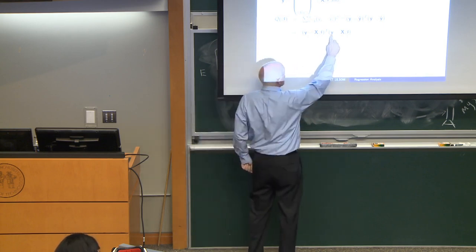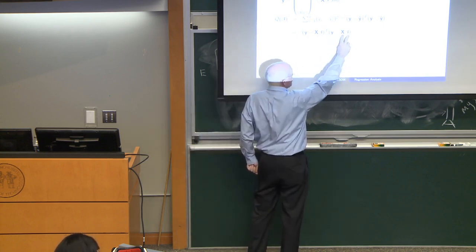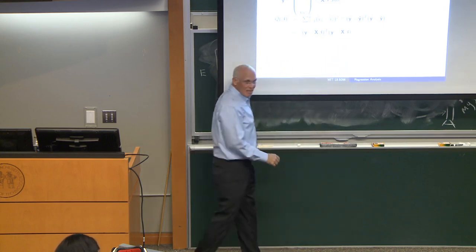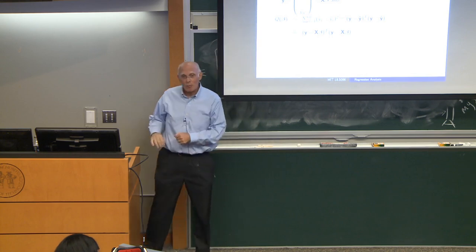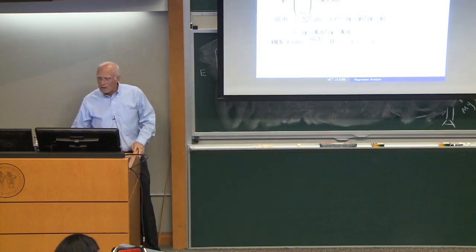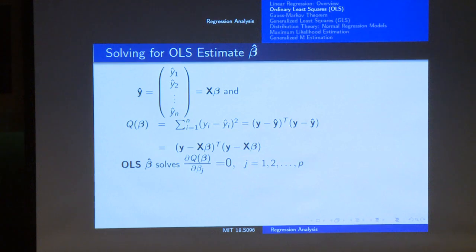This term is an n vector minus the product of the X matrix times beta, which is another n vector, and we're just taking the cross product of that. And the ordinary least squares estimate for beta solves the derivative of this criterion equaling 0.